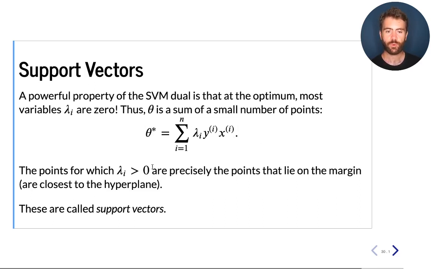The points for which these lambda i's are non-zero are going to be the set of points that are the closest to the separating hyperplane. These are precisely the points that lie on the margin. In other words, this is the set of points for which the formula for the margin, gamma, is the smallest.